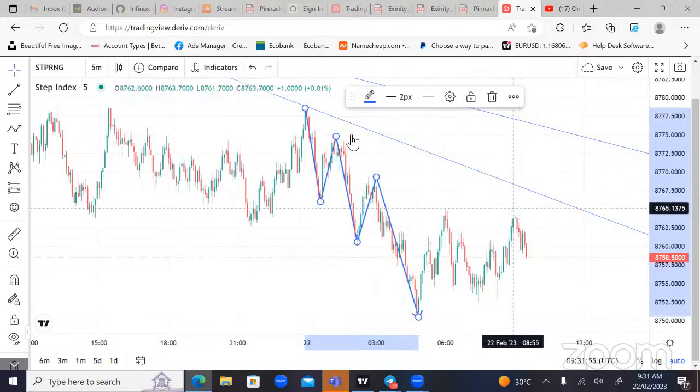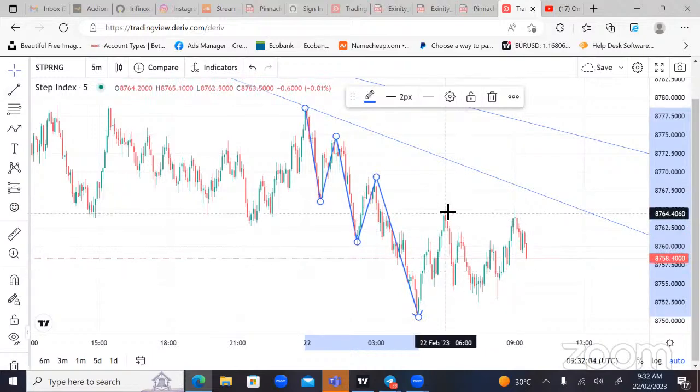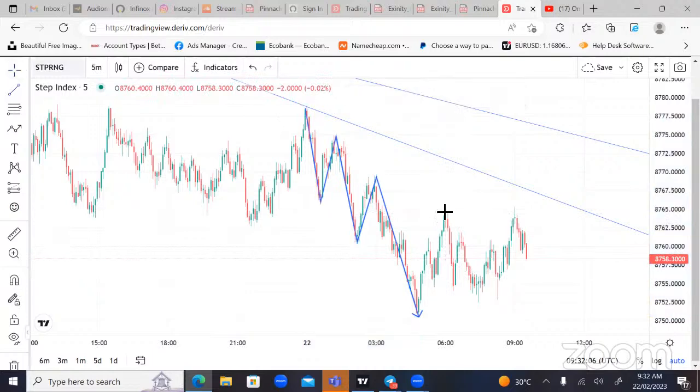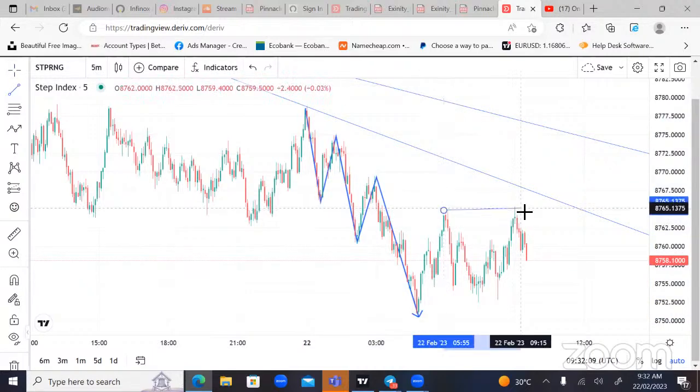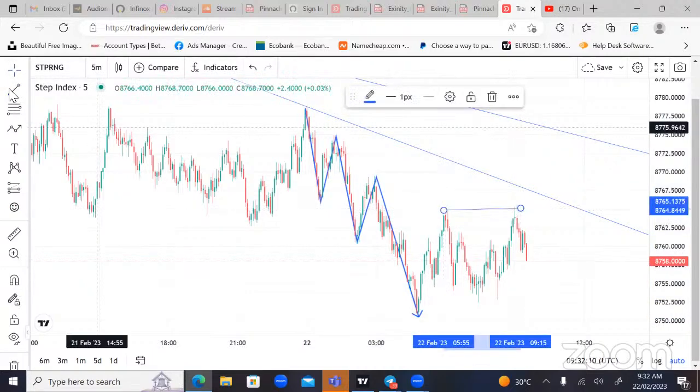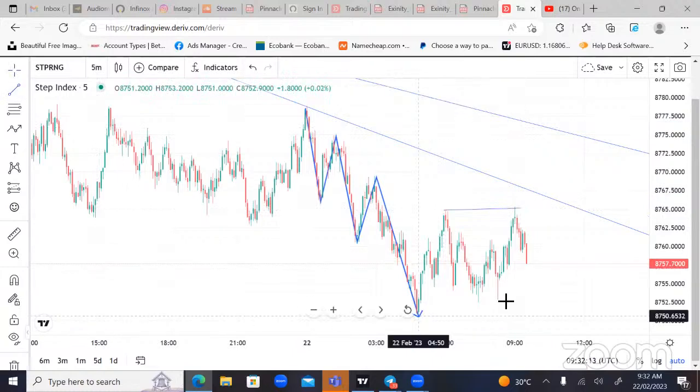So these are the internal structures. And after that, it formed a swing structure. This correction, this Elliott wave, is a swing structure. Now, the swing structures always break the previous internal structures.